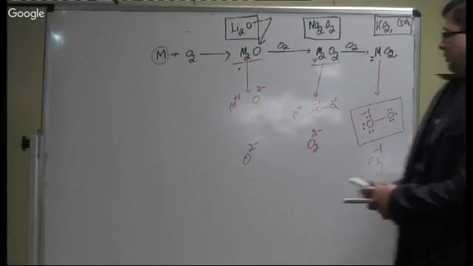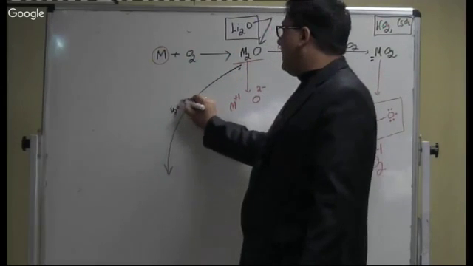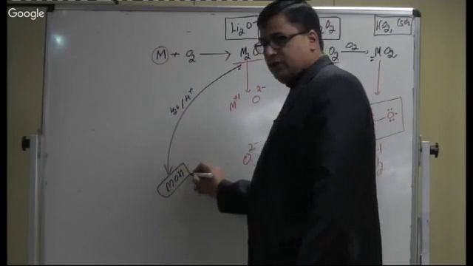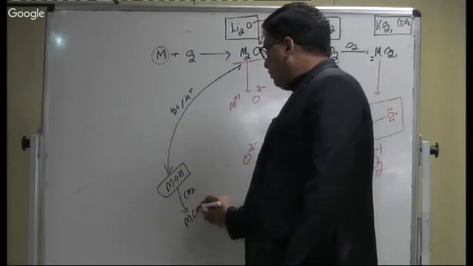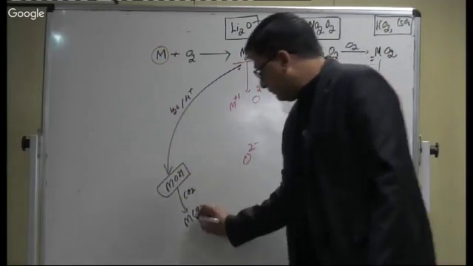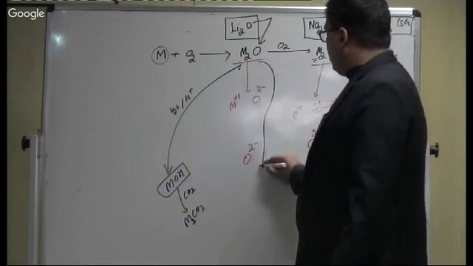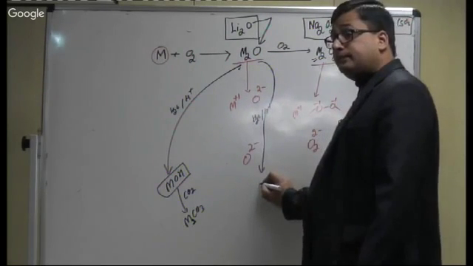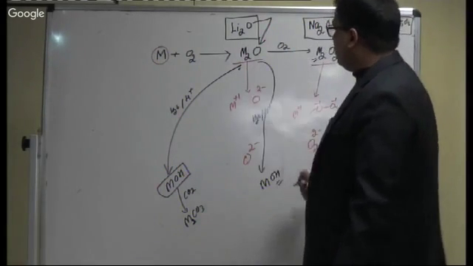Now, when you add water to this type of metal oxide, it will give you hydroxide, which is basic in nature. When the hydroxide is treated with carbon dioxide, it will give you metal carbonate, M2CO3. When peroxides undergo acid hydrolysis, they give you MOH plus H2O2.